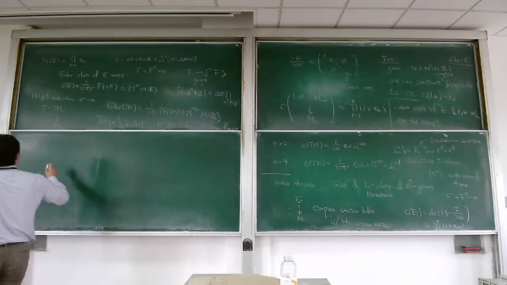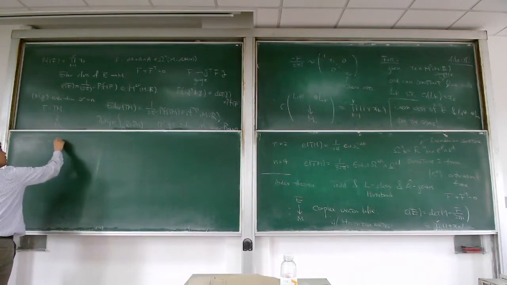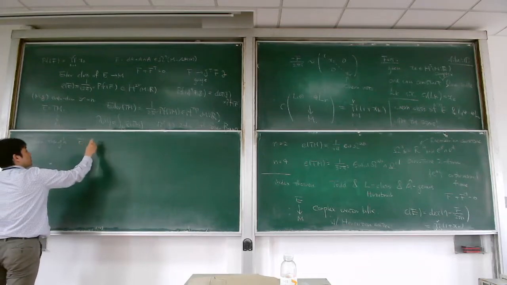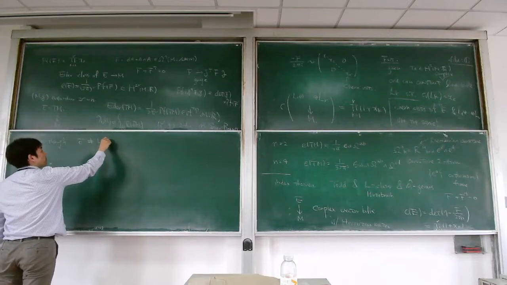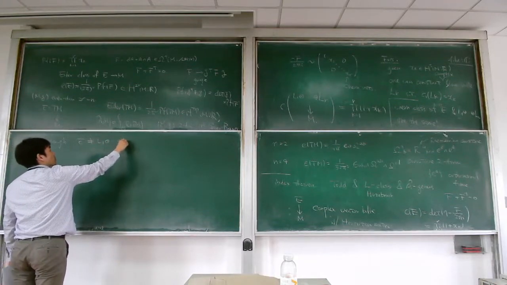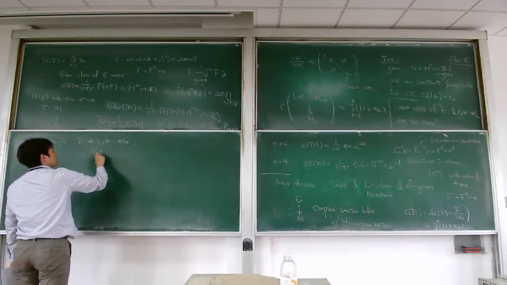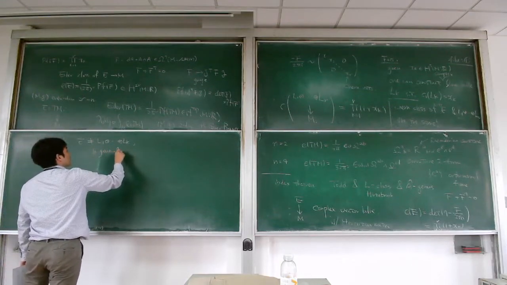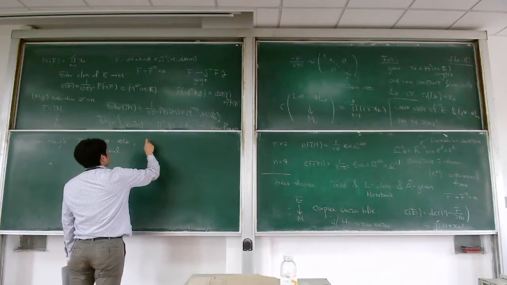So even though E is not usually isomorphic to a line bundle in general, the Chern classes are the same.